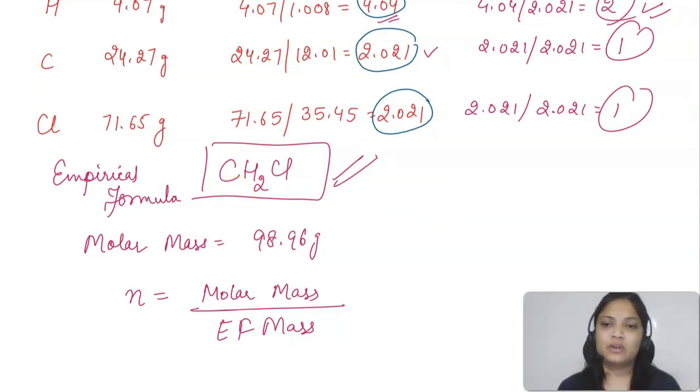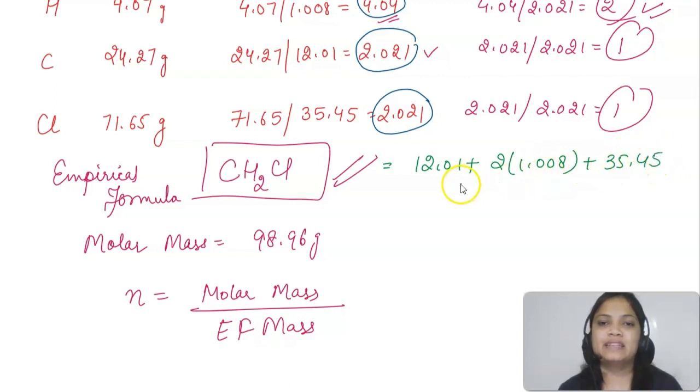So students, can you calculate the empirical formula mass? It is 1 carbon atom, so 12.01, plus 2 hydrogens, 2 into 1.008, and 1 chlorine, 35.45 to be exact. Again, I have taken decimal values; don't worry if you don't want to. It will come out to be 49.48 grams.